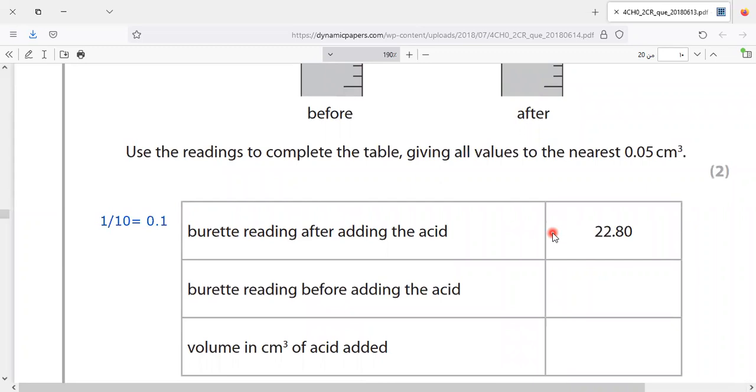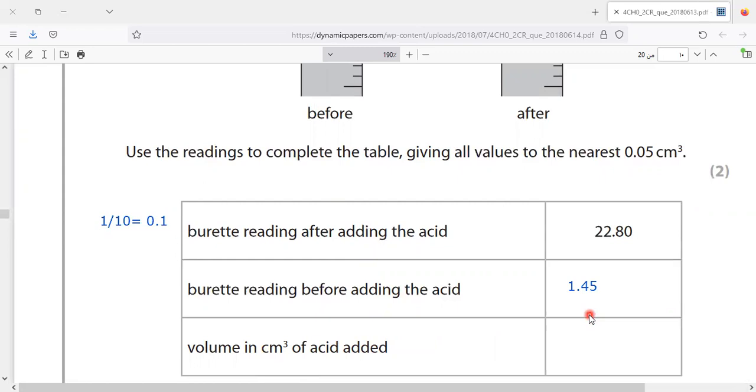Volume in cubic centimeter of acid added. Before, you said it was 1.4. I said no, it's not 1.4, it's 1.45, because the line is in the middle between 1.4 and 1.5. So what is the volume of acid in cubic centimeter added?